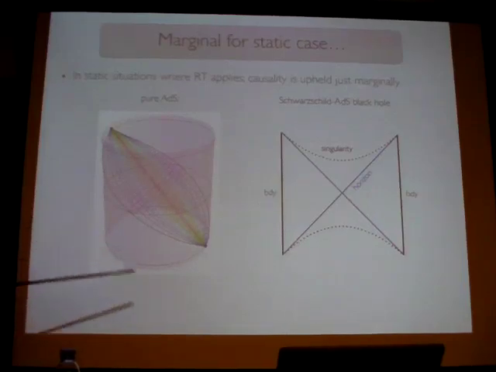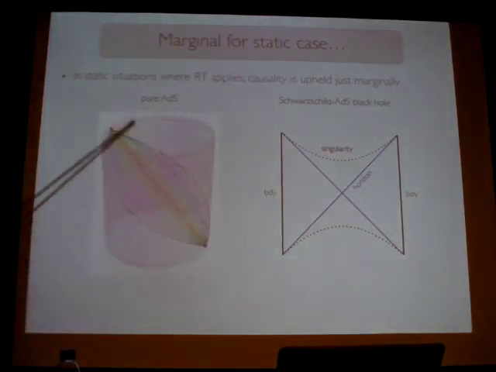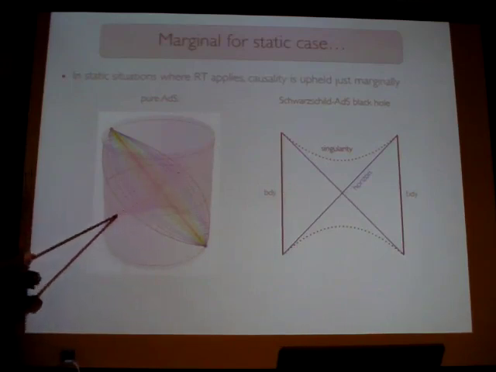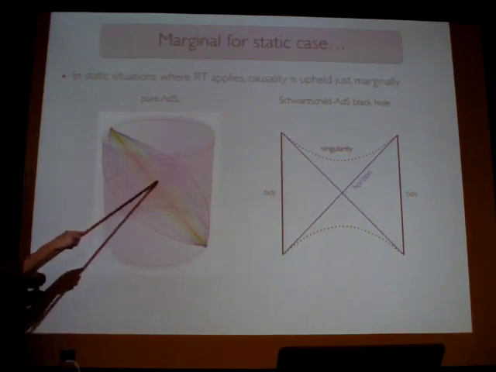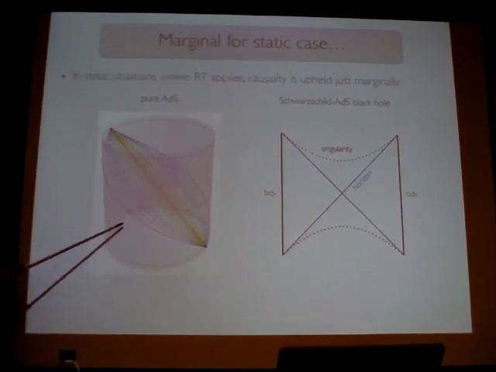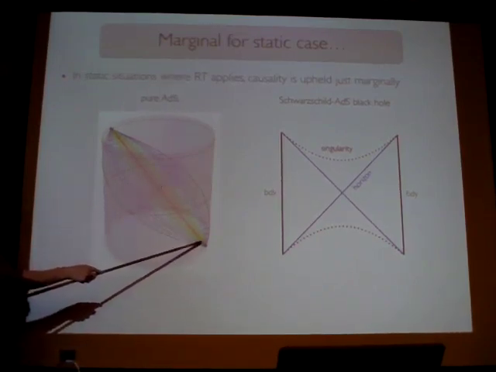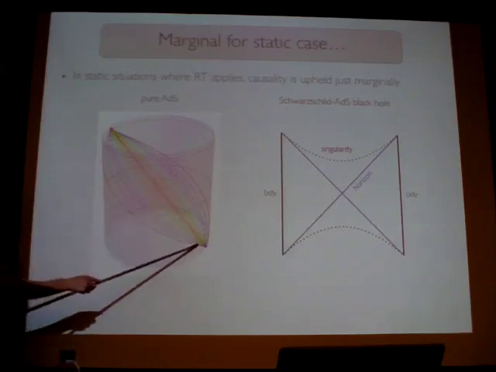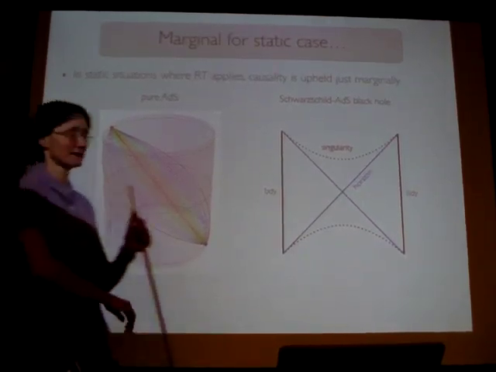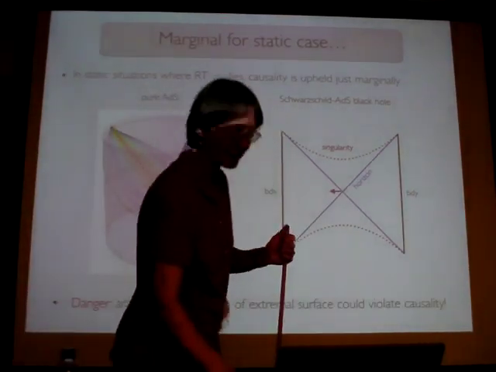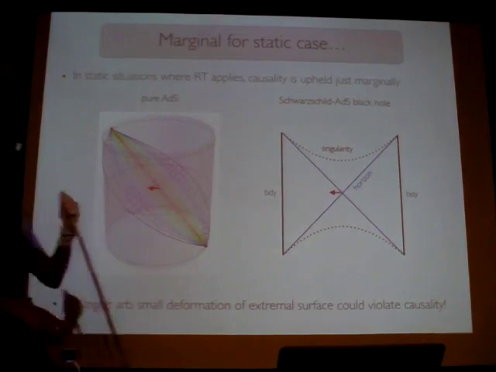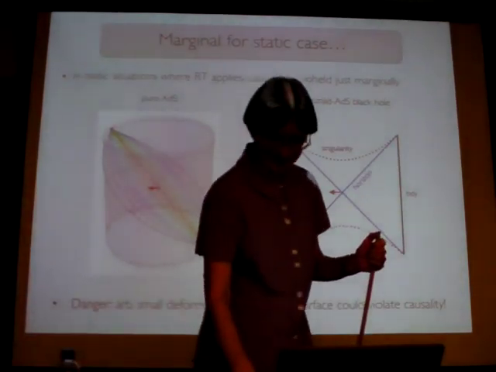Here is a null plane in pure AdS, and if you take one of these extremal surfaces, these space-like geodesics, you can send a signal to deform that surface only in such a way that that signal would also deform the entangling surface. So if you deform this in the bulk a little bit, you're in danger of violating this. But nevertheless, it is satisfied.